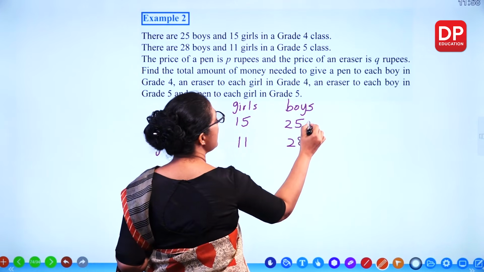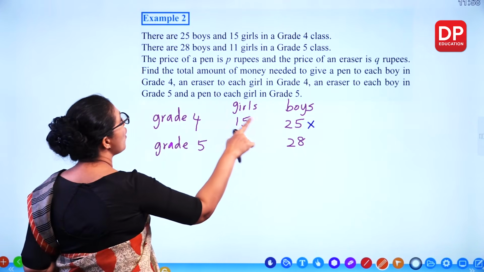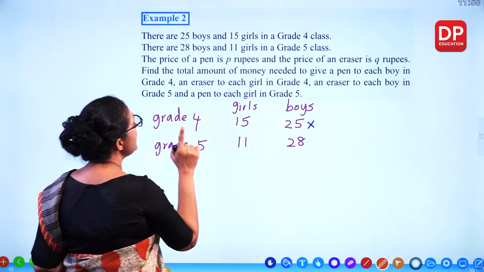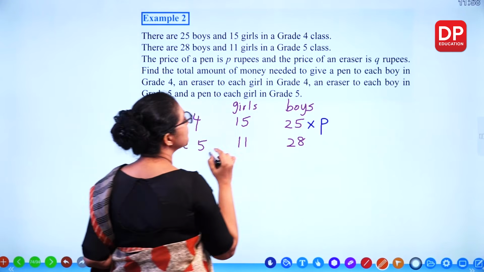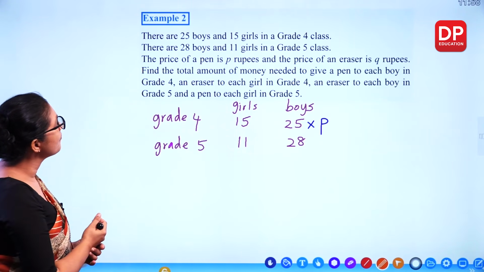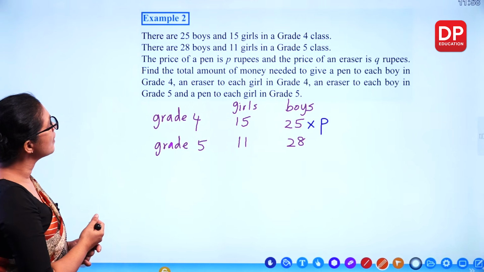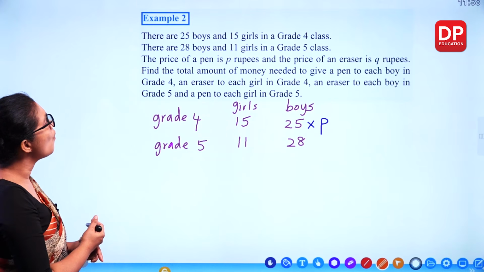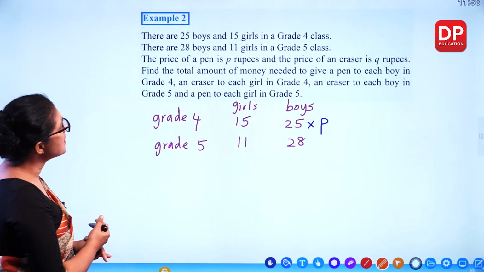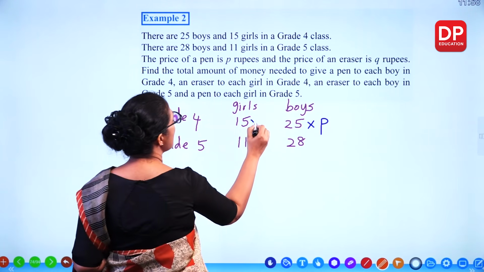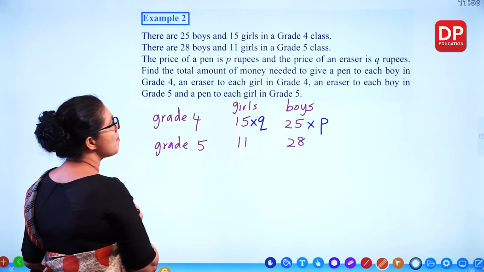So, pen given to each boy. What's the price of a pen? P. Then, an eraser to each girl in grade 4. What's the price of an eraser? Q. So that means you have to multiply by Q here.